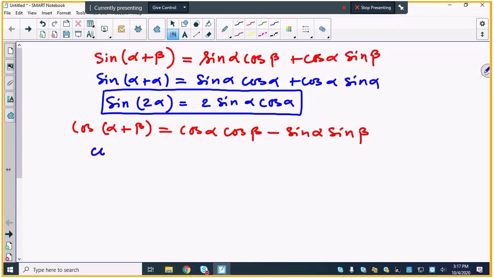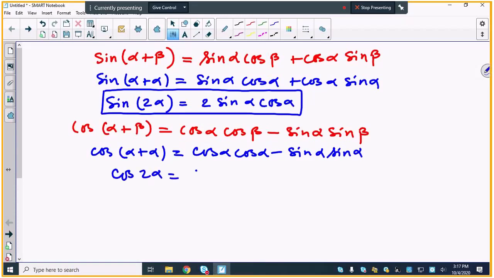Make it cosine alpha plus alpha. So that is equal to cosine alpha times cosine alpha minus sine alpha times sine alpha. So cosine of 2 alpha is equal to cosine square alpha minus sine square alpha.